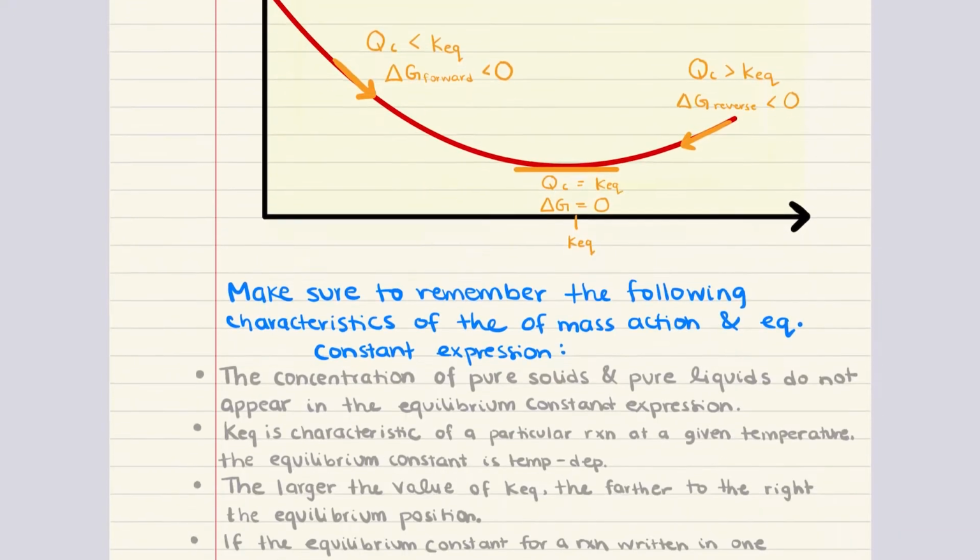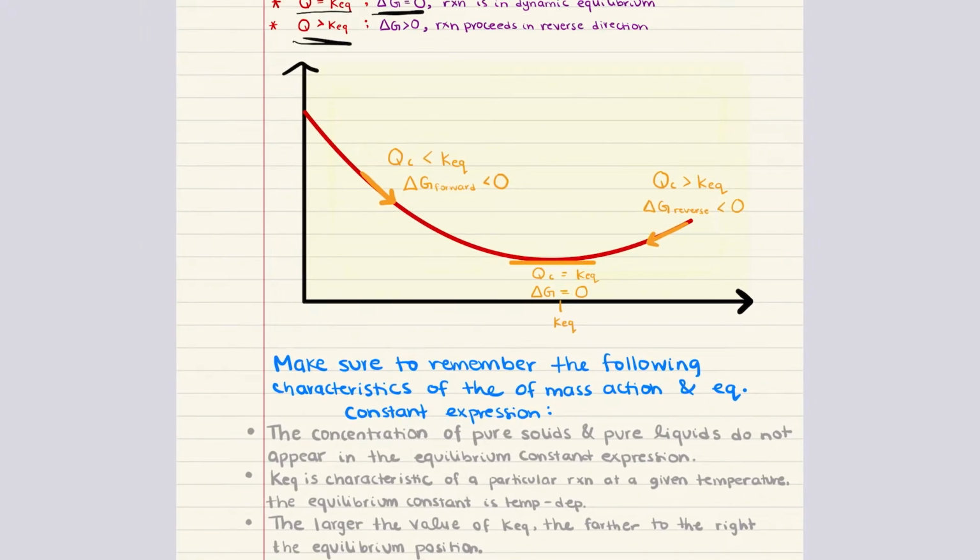And we can see this relationship demonstrated in the figure here, where we have Gibbs energy versus reaction quotient. We can see that when Q equals K, delta G equals 0, and the reaction is at equilibrium. But when our relationship between Q and K changes, so does our delta G.